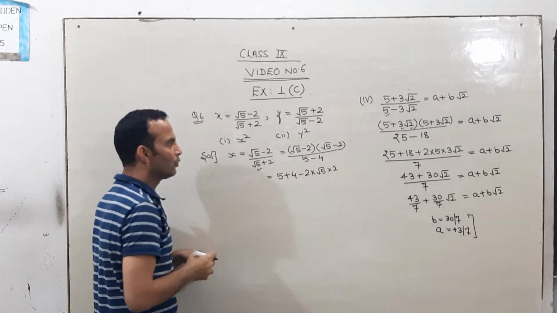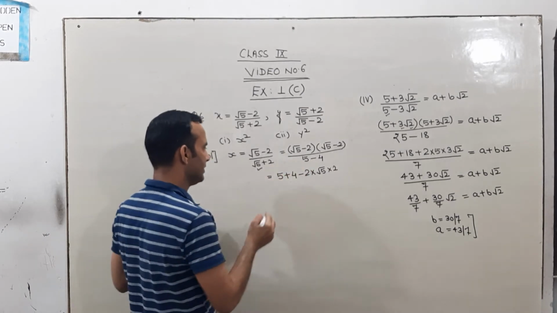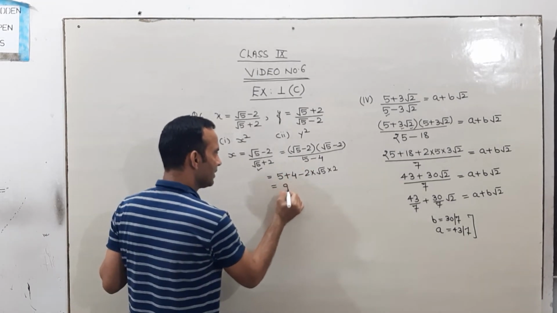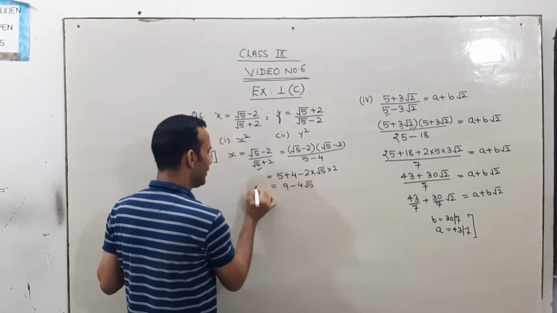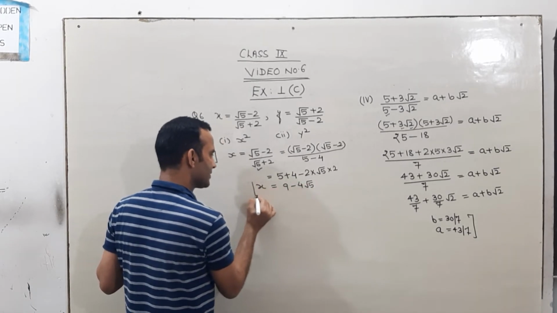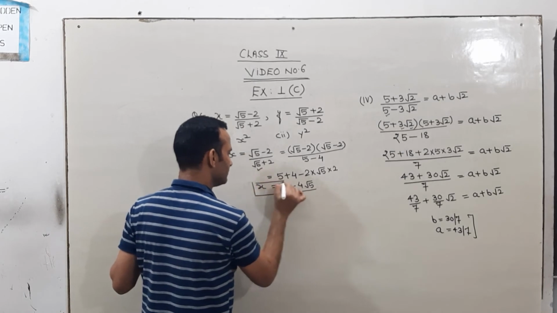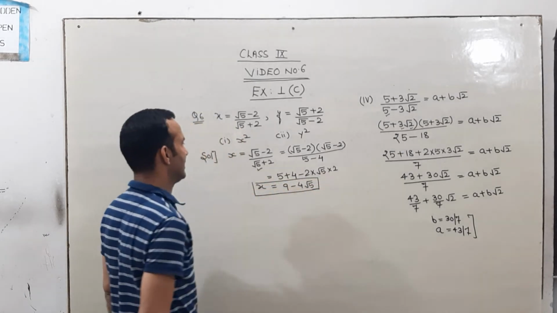No need to write 1 in the denominator. This is what? 9 minus 4 times root 5. This is the value of x, my dear students.